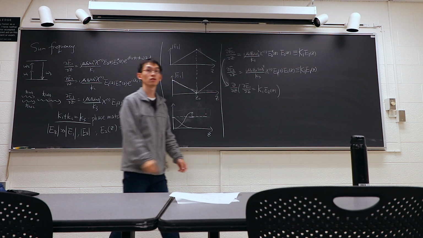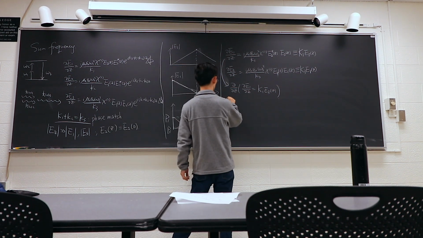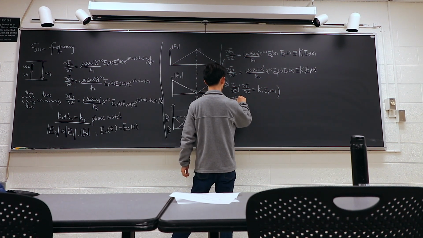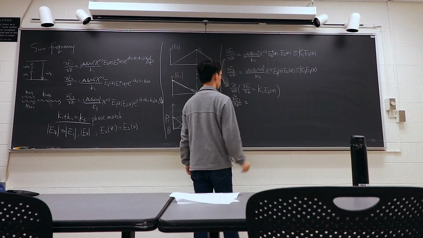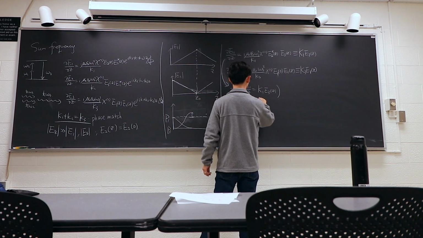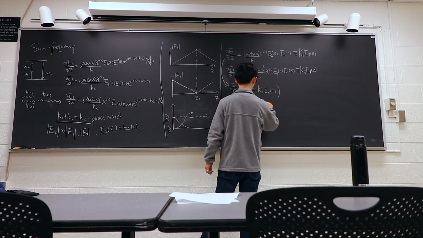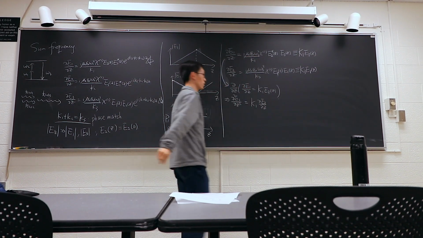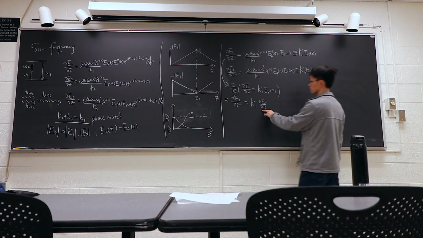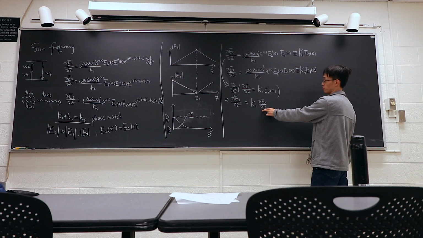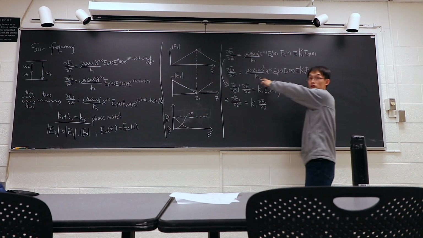What this gives you is K1, right? And now you can substitute partial E3 partial Z using this equation.